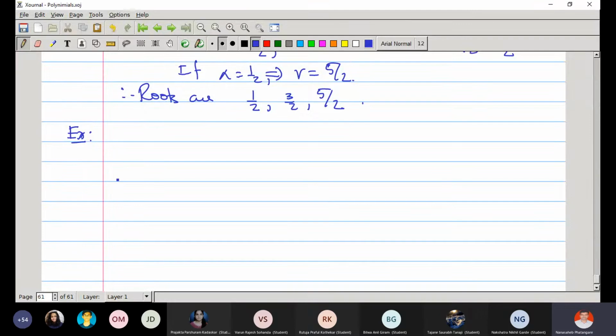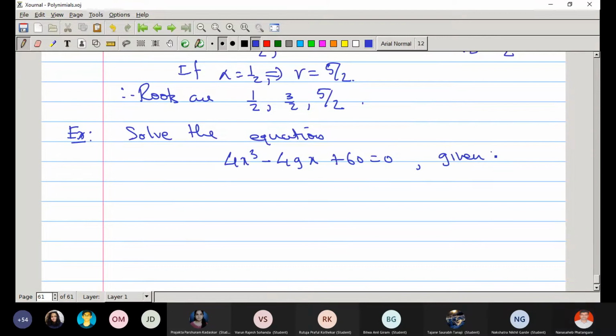Okay, solve the equation 4x cube minus 49x plus 60 is equal to 0, given that two of its roots differ by 1.